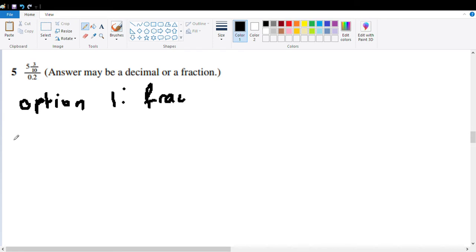So what do I mean by the fraction way? Well, let's rewrite this as 5 and 3 over 10. And what does a fraction bar mean in operation? A fraction bar means divide. So what we're doing is actually dividing 5 and 3 tenths by 0.2.